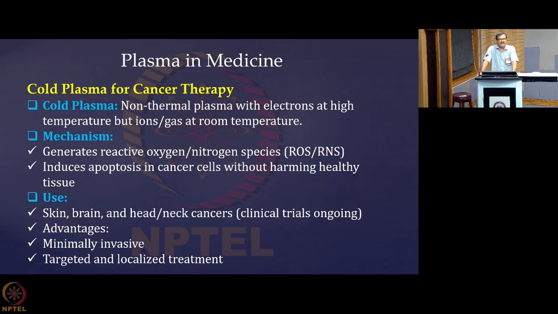The uses are like that: skin, brain or head and neck cancers. Clinical trials are going on. Truly speaking, these are in the research stage and good results are being seen, but they have still not entered mainstream plasma medicine, though their potential is understood.